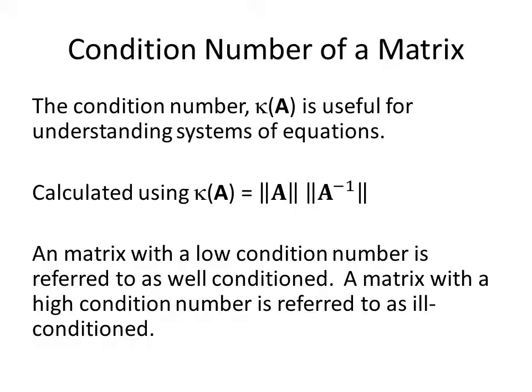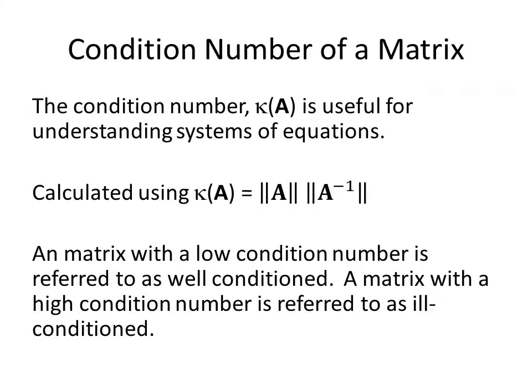The condition number is very useful in applications because it can help alert us when we're going to have a problem. A very low condition number is what you want. What you want to try and avoid is a very high condition number in your matrix.